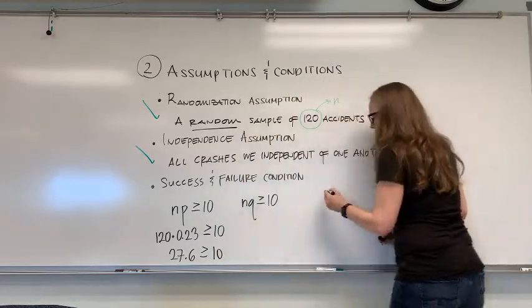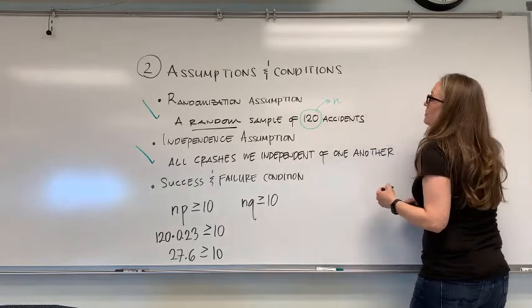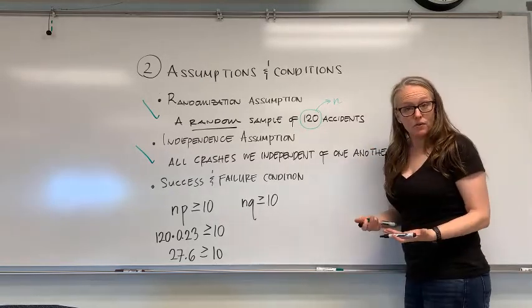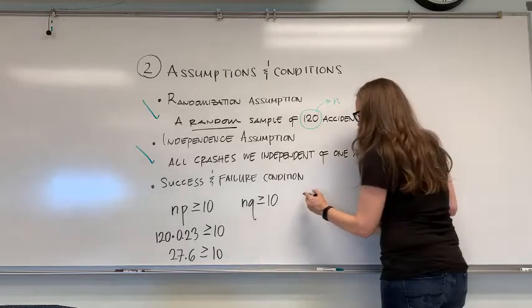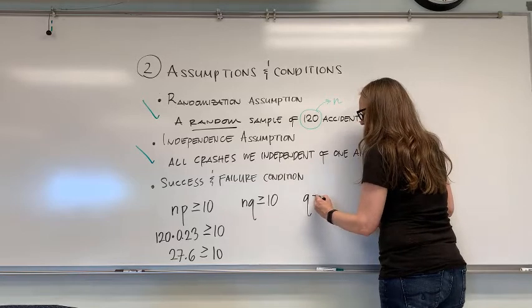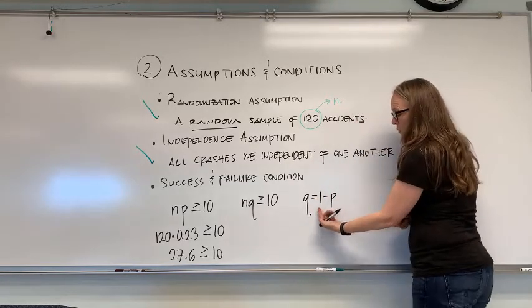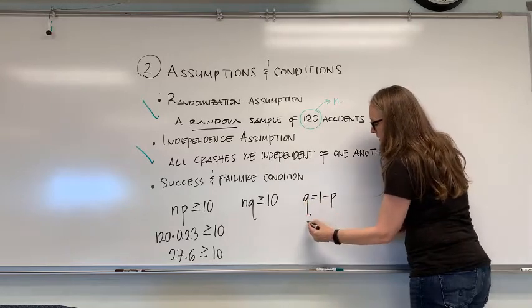Let's do the second one. Q is the probability that the people do not have a cell phone involved in their crash. If you're not certain of that, Q can always be determined by calculating 1 minus P. Q is the complement.